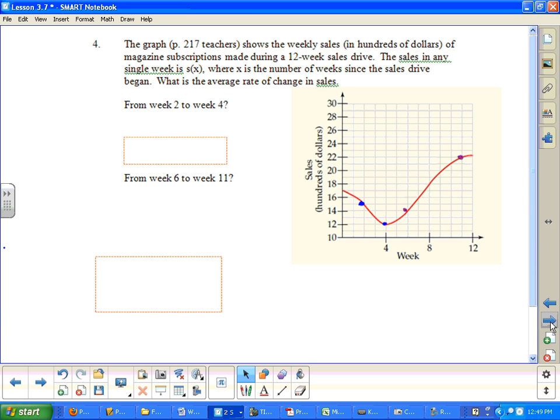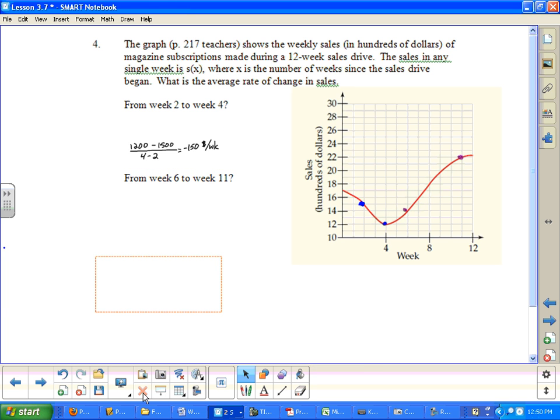So I go to week 2, which is shown right here. At week 2 looks really close to 15. At week 4, it's about 12. So we'll take 12 minus 15, right?